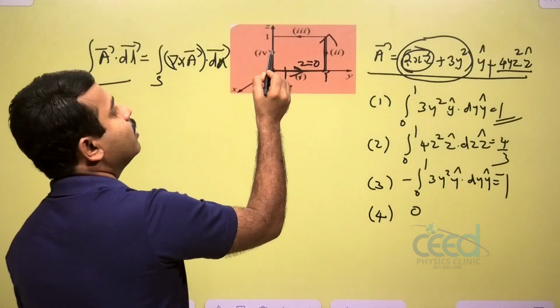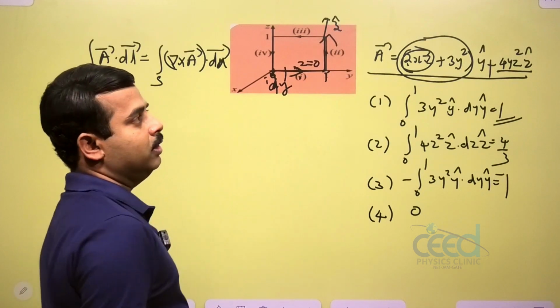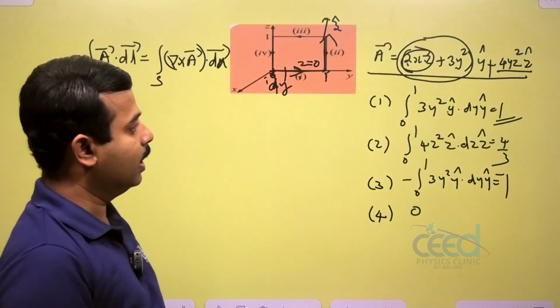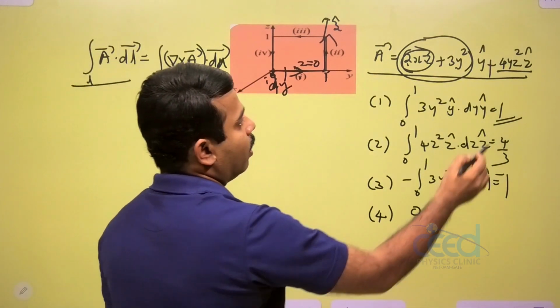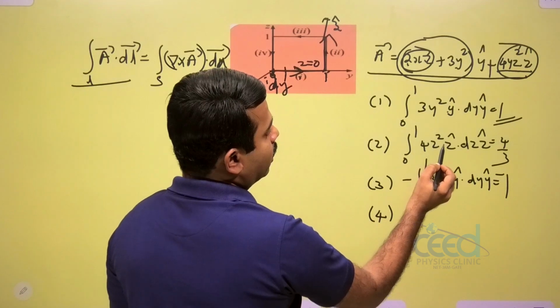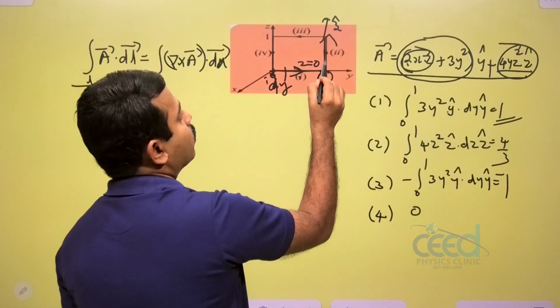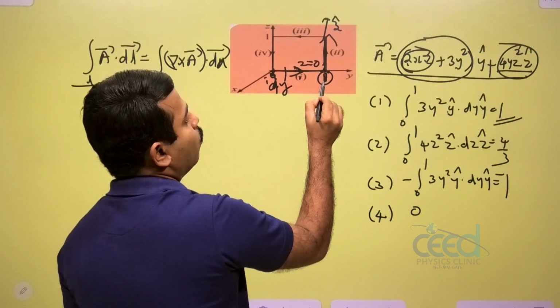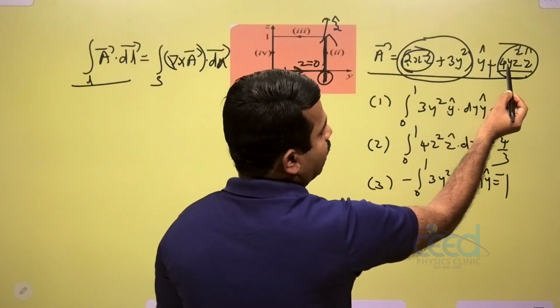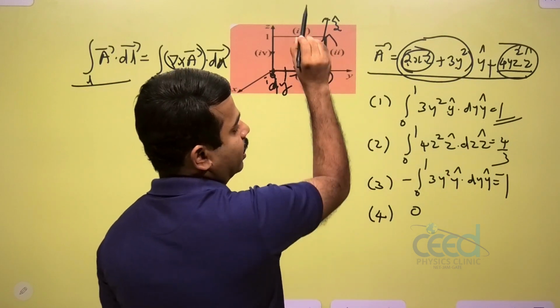Now I am focusing on the second part, which is along the z cap direction. I take the function 4yz square z cap, but for this line y is equal to 1, so it is 4z square along z cap.